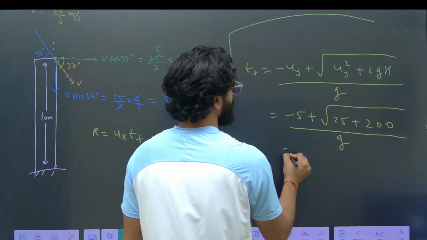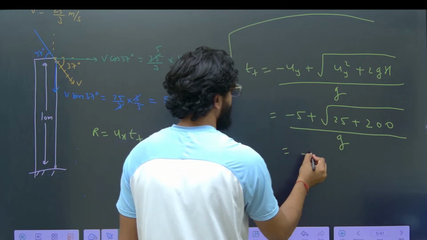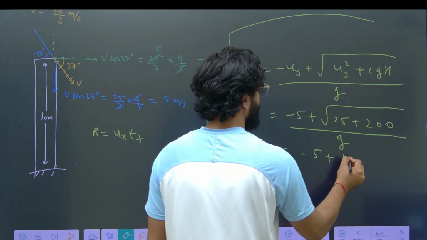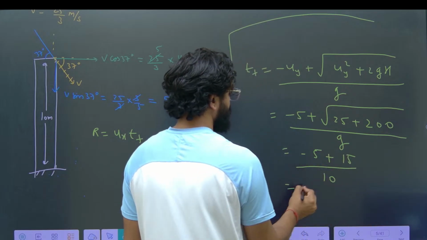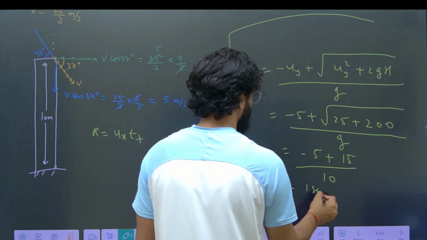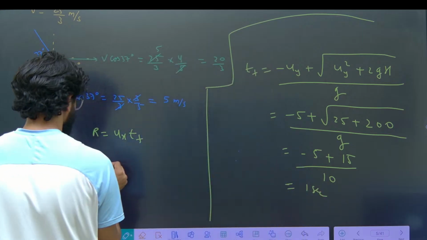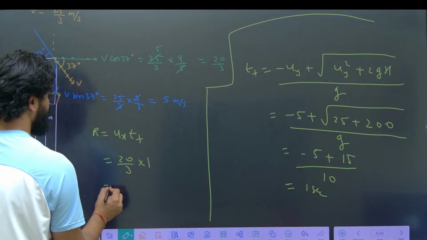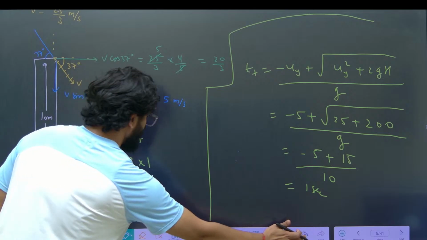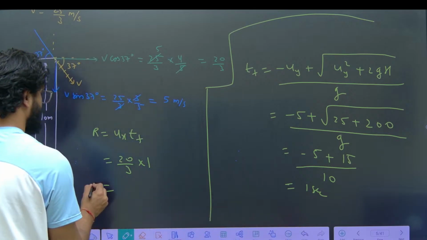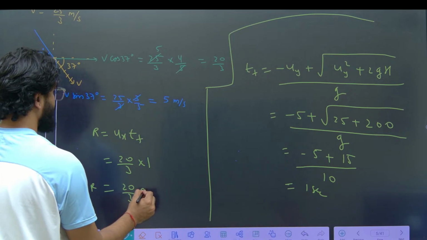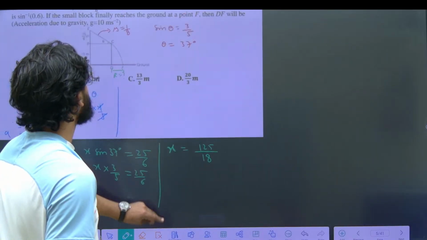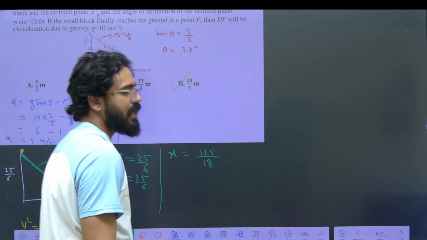That is 225, which is 15, so minus 5 plus 15 upon 10. When we solve it, this is perfectly coming out as 1 second. Ux is 20 by 3 and time of flight is 1. So range will be 20 by 3 meter. So that is the answer.